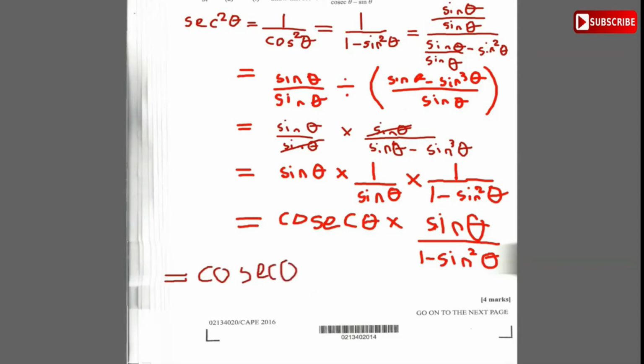What I'm going to do up here, I'm going to expand out this denominator. I just want to check what that can be simplified to be. That denominator, which is cosec minus sine. If I have cosec minus sine, in reality what I have is 1 over sine minus sine.